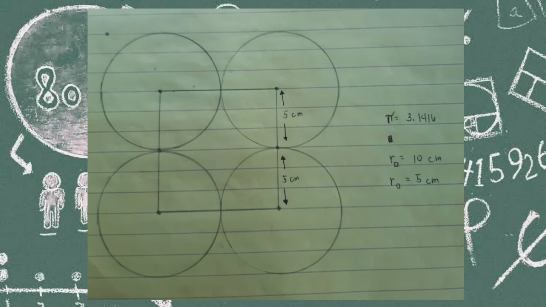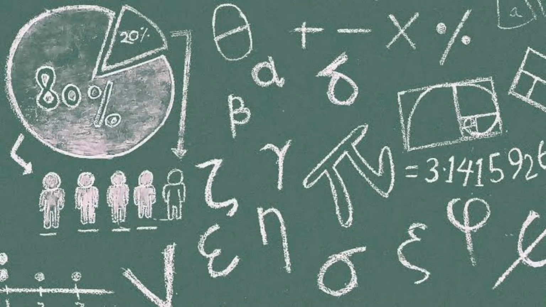The measurements will be the same with the others. Okay, so logically, in order to connect the 2 points, we can now have one side of a square. That is from this point to that point. That means to say, one side of the square has a size of 10 centimeters.